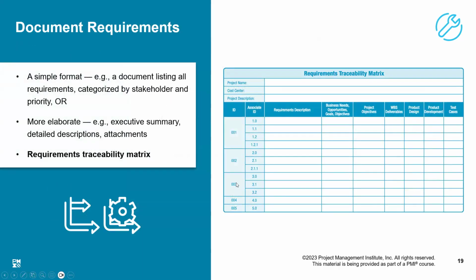Now, in predictive project, we have many requirements, and those requirements are listed in our requirement traceability matrix. Why do we call it traceability matrix? Each of these requirements can be traced back to their origin and forward to the product. Who gave this requirement?